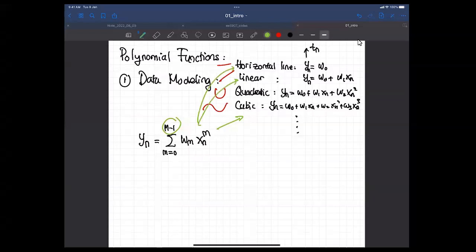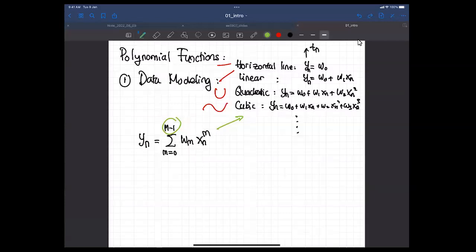So this expression here is more general, depending on your M. So now the complexity of the data, the complexity of the curve, depends on the choice of M. So M represents the complexity of your model. So we do not know the value of M, and that's something that we model here in this equation.